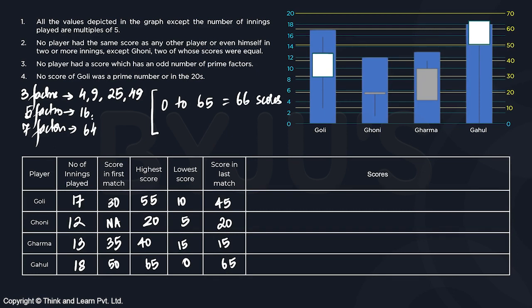Now out of these 66 scores, if we look at the third condition, it says nobody had an odd number of factors. So 6 of them, 4, 9, 16, 25, 49, 64, are not possible as per the third statement. So a total of 60 scores exist, which also makes sense because if I count the total number of innings played, it also gives us 60.